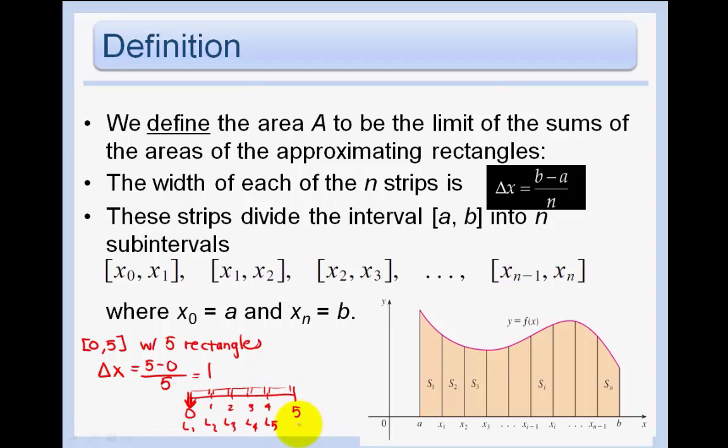But I'm saying, okay, that's what I would use for my left endpoints. If I was doing right endpoints, though, my first rectangle, I want the right, I would start there. And so you're going to see me using this a lot more in the future and in the homework and stuff. But this is how I like to look at it as opposed to looking at it all on a graph, because then I have too much going on.